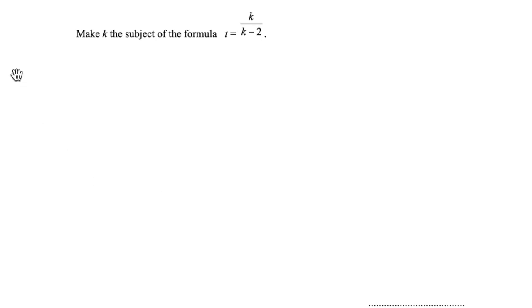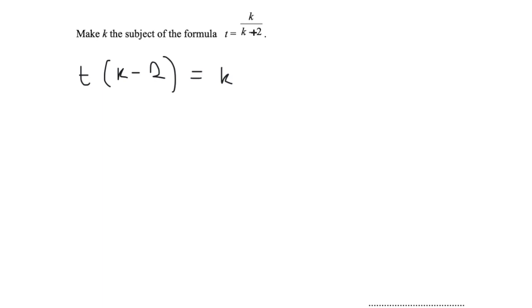So we've got make k the subject of the formula when we've got t equals k over k minus 2. So the first thing I'm going to do here is times up by k minus 2. So we have t times k minus 2. It's always easier if you have something like this with a fraction to get rid of the fraction by timesing everything else in the equation by what's on the bottom.